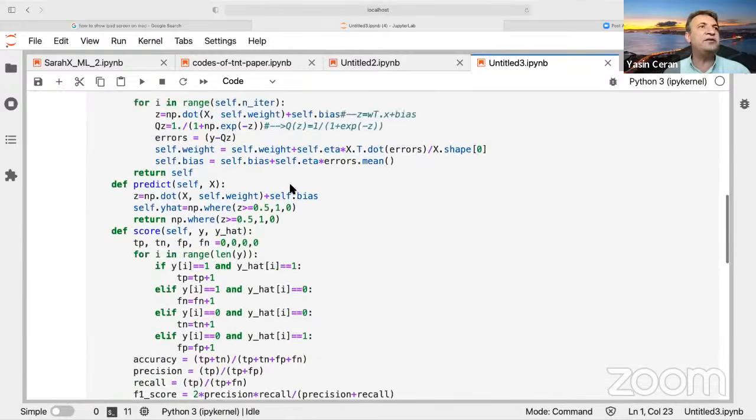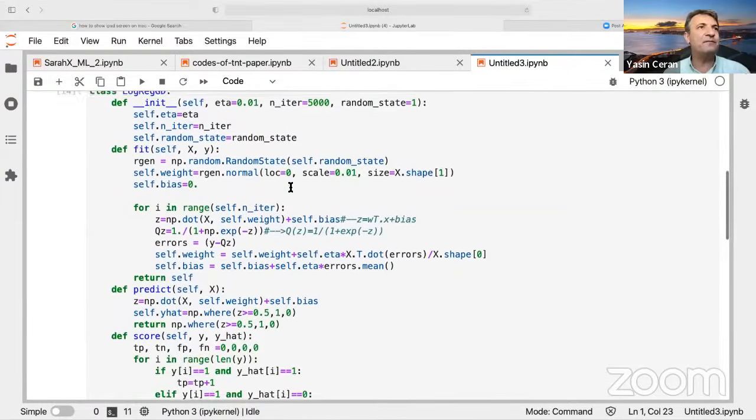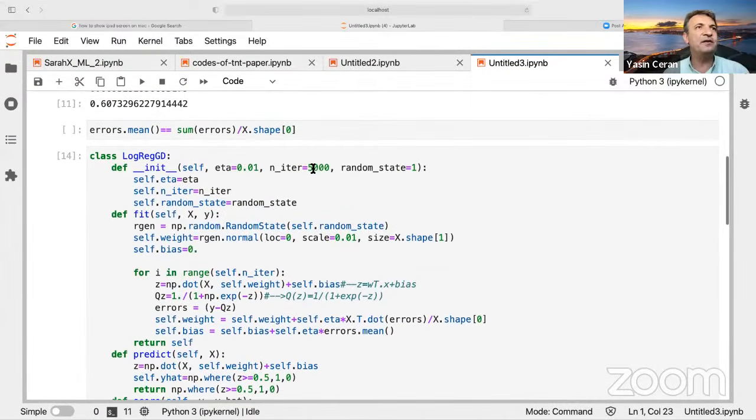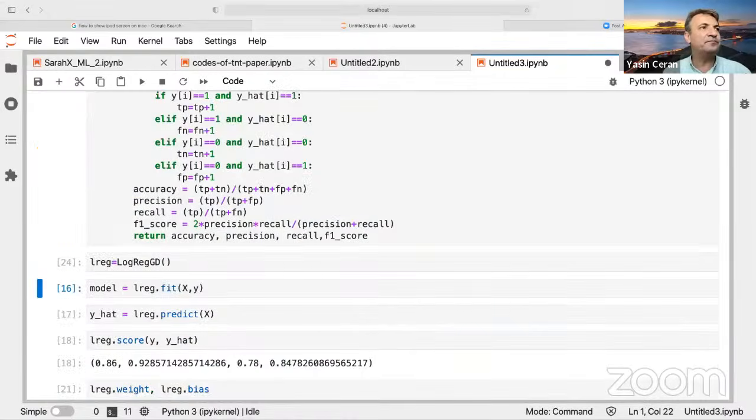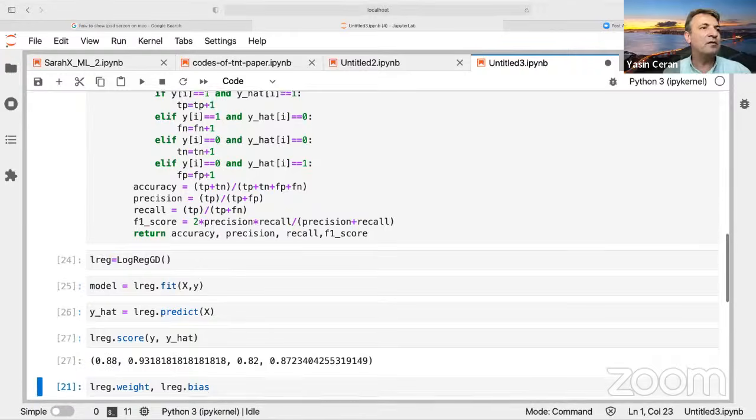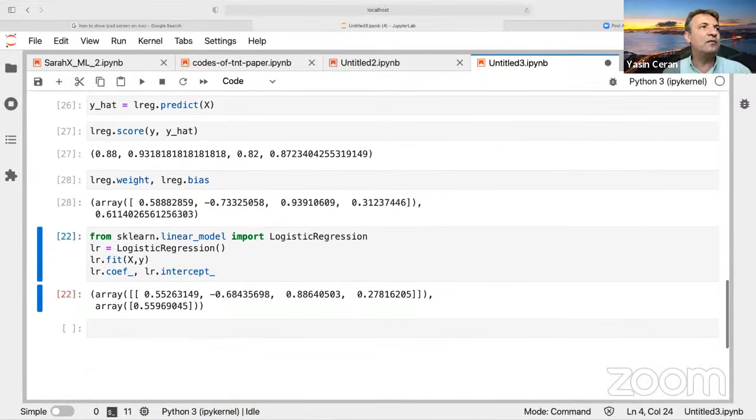So if I increase number of iterations, let's see, where is number of iterations here? Maybe it's going to be better. I don't know. Let's see. I mean, so it's not just number of iterations. We need to change eta as well. But I think the coefficients are pretty close enough to what scikit-learn is giving to us.